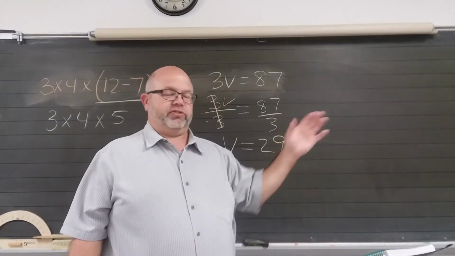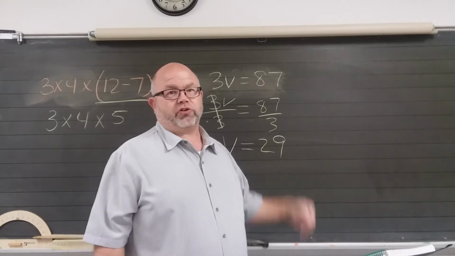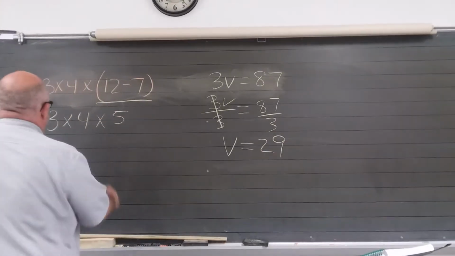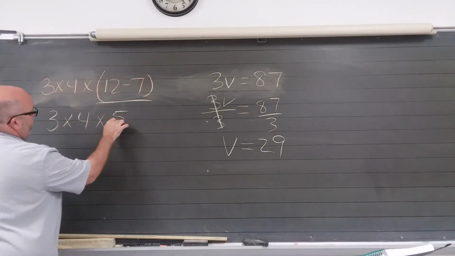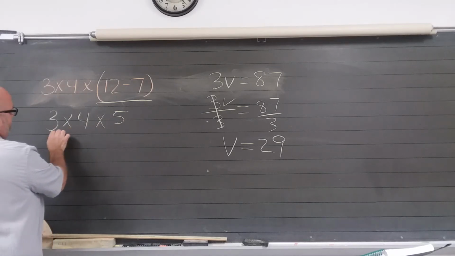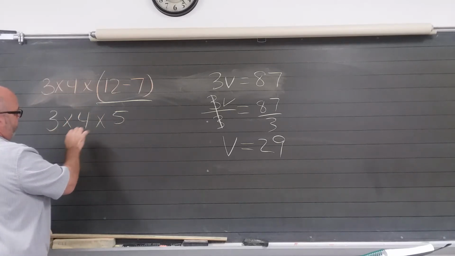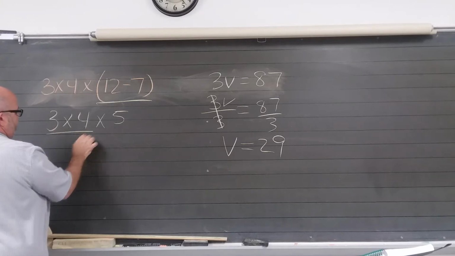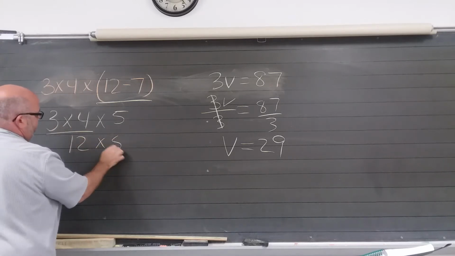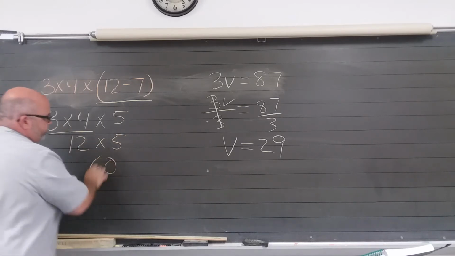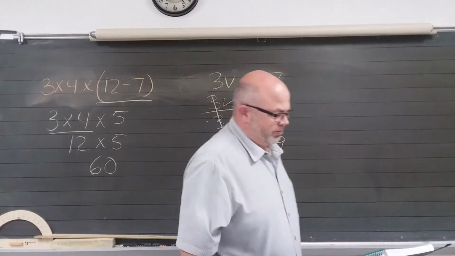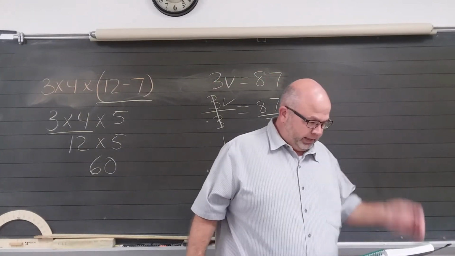You don't pick out the division or whatever comes first from left to right. 3 times 4 times 5. So we have 3 times 4. And you don't have to write all these lines, but this is what you would do first. 3 times 4 is 12, times 5. 12 times 5 is 60. The answer for number 3 is 60.